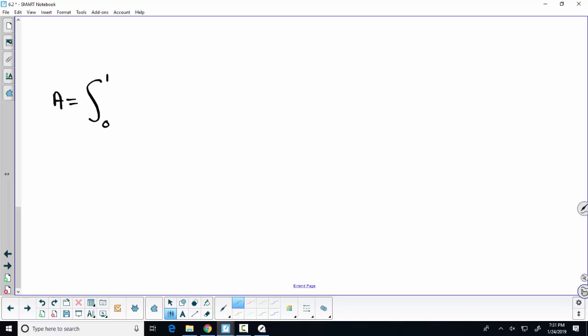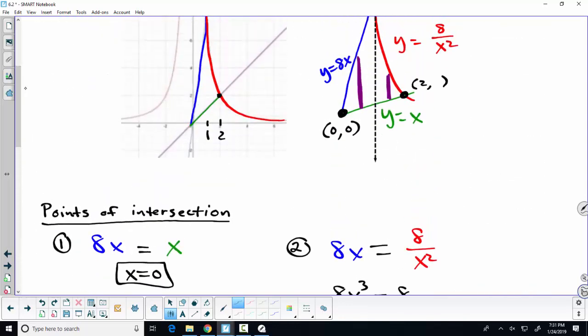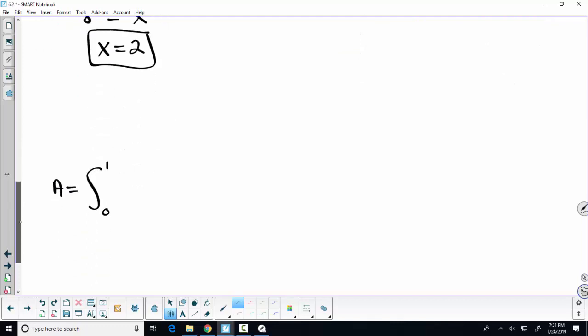And what's the height of each rectangle? Yeah, 8x minus x. We're solely looking at this region right here. Top minus bottom, 8x minus x, dx.